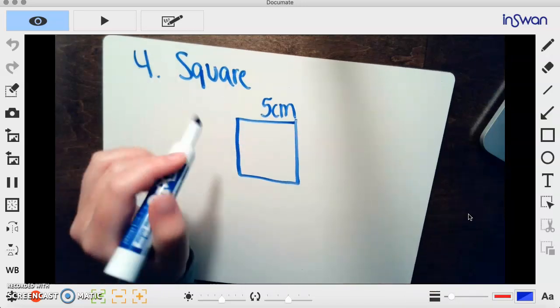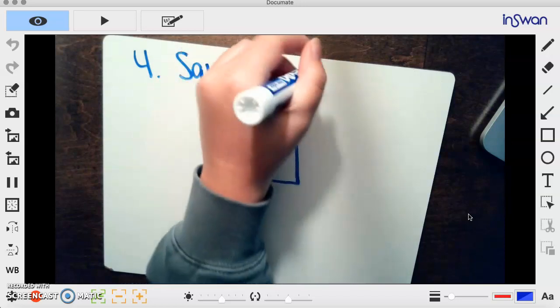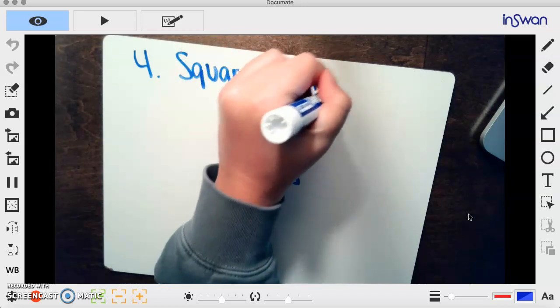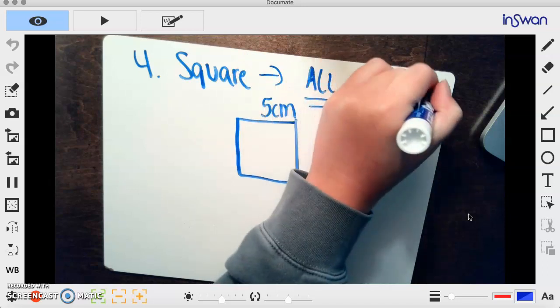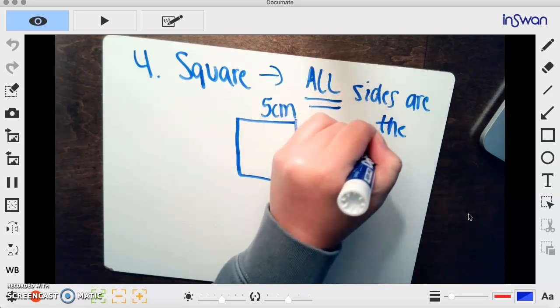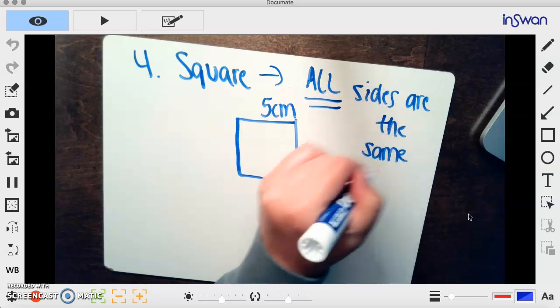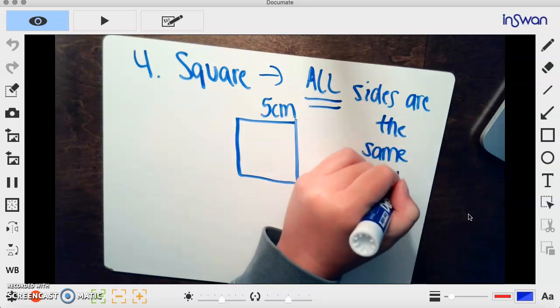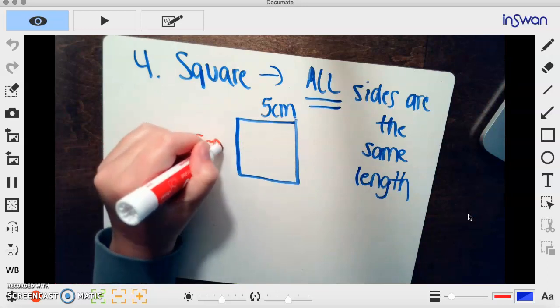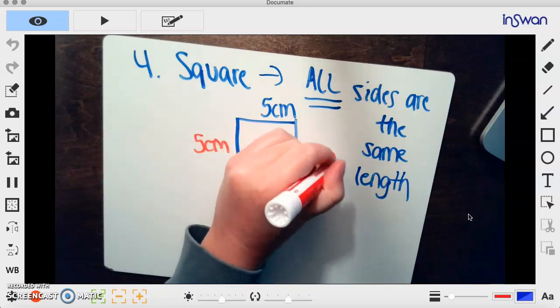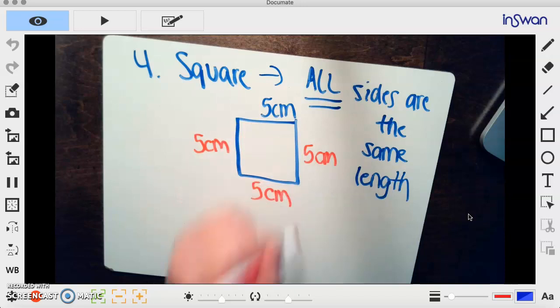So I can say, well, what I know about a square is all sides are the same length. And if I know that all sides are the same length, then I can know that, well, if this is 5 centimeters, then this is 5 centimeters, this is 5 centimeters, and this is 5 centimeters.